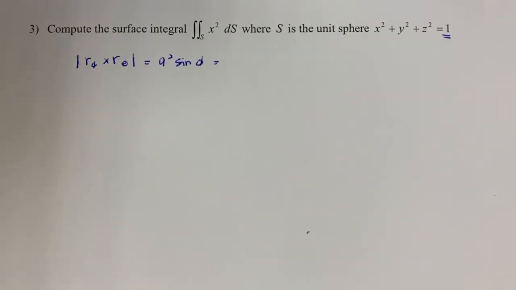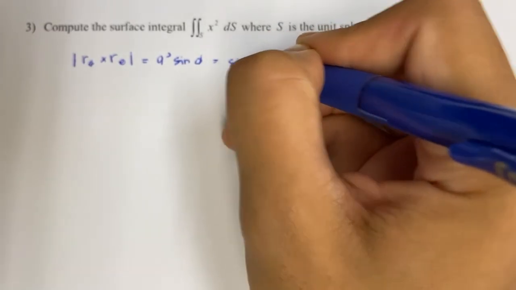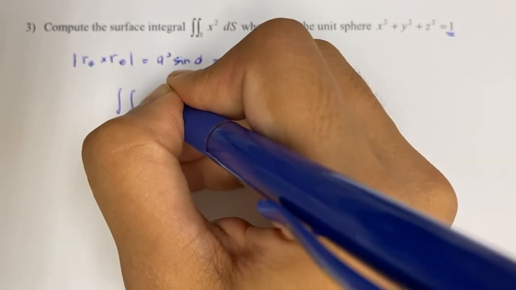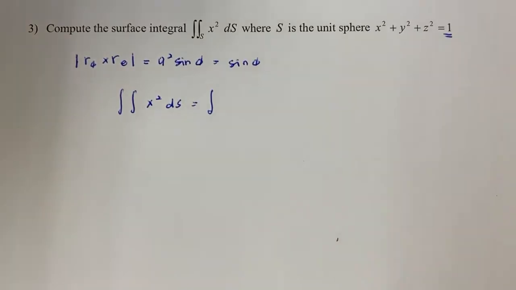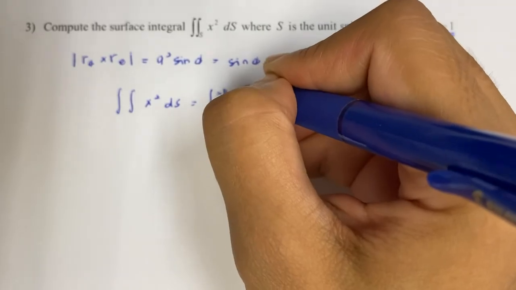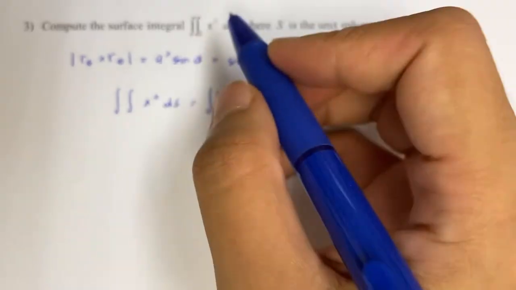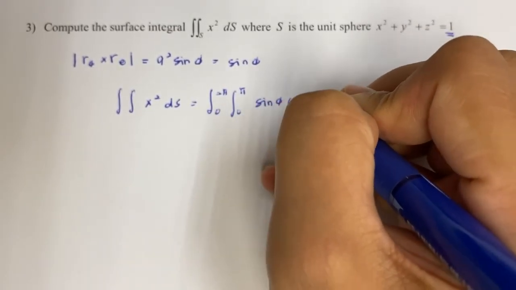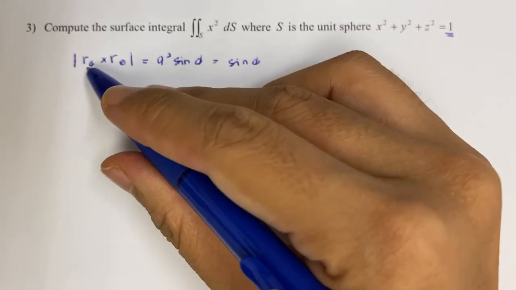So in this case, the magnitude is equal to sine phi. Okay, so to find the surface integral for x squared dS, this is equal to the double integral from 0 to 2 pi and 0 to pi for the phi and theta limits, and then x is equal to sine phi cos theta, squared, and then dS is our magnitude.